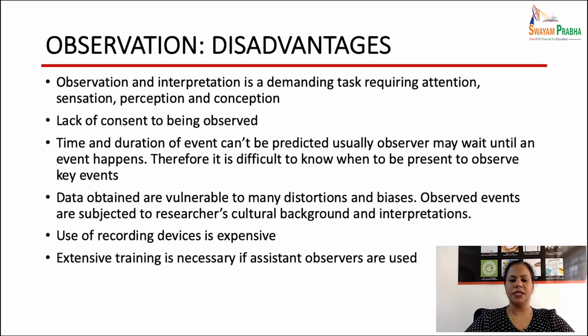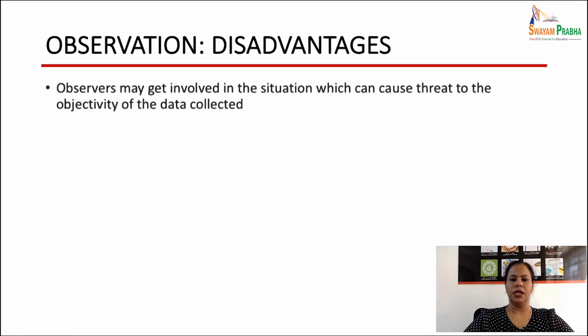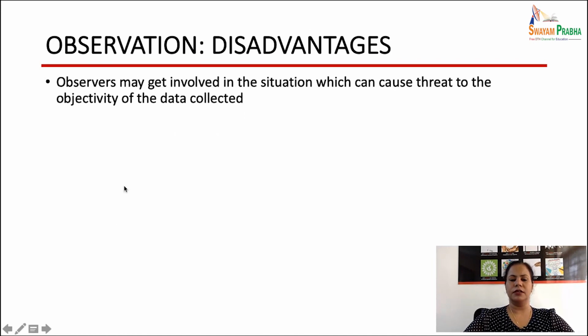And extensive training is necessary if assistant observers are used. This is very important: if more than one person is observing for research data, you need to train them fully, and you have to have structured guidelines on what to observe. Another disadvantage is that observers may get involved in the situation, which can threaten the objectivity of the data collected.